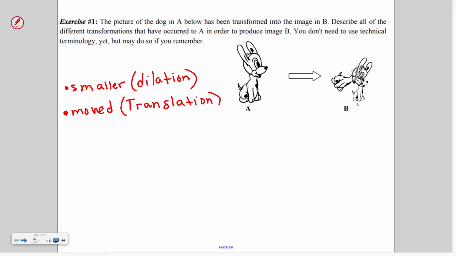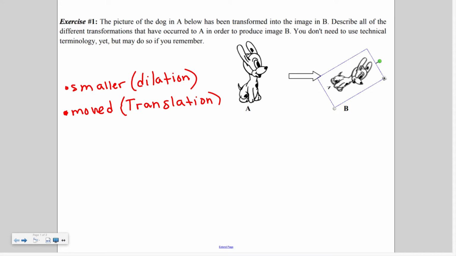And lastly, we're still not there yet, right? We made the picture smaller, we moved it, but there was something else that we did to it, correct? To get here. So what was that other thing that we did? We rotated the image, didn't we? So that last final step was to rotate the image. I should make that a little bigger. And there it is. We've gotten there.